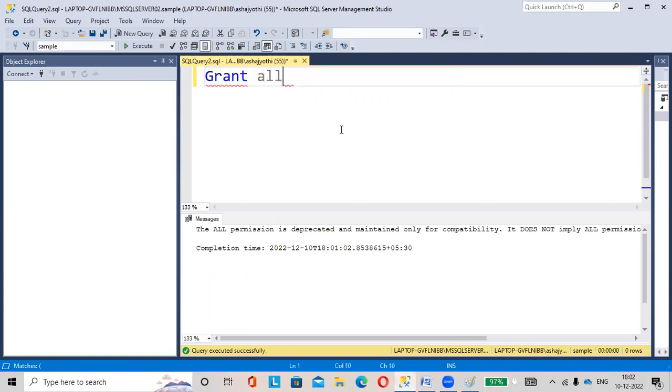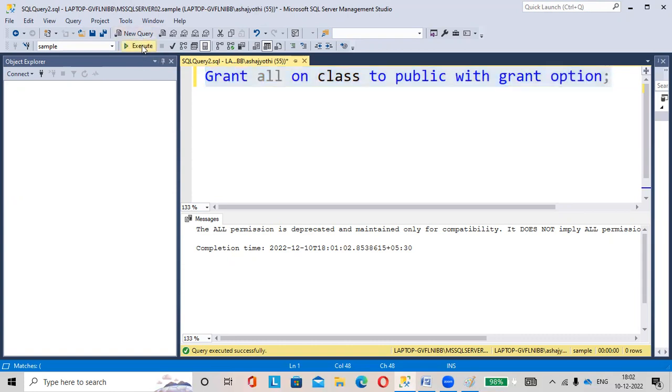Control A, execute. See, suppose one user is there by the name John. First he received the grant command, so he has some grant permissions, and he wants to give those permissions to the other users. If he uses this command, he has the ability to give his permissions to the other users. Is it clear, ma'am? What does it mean?